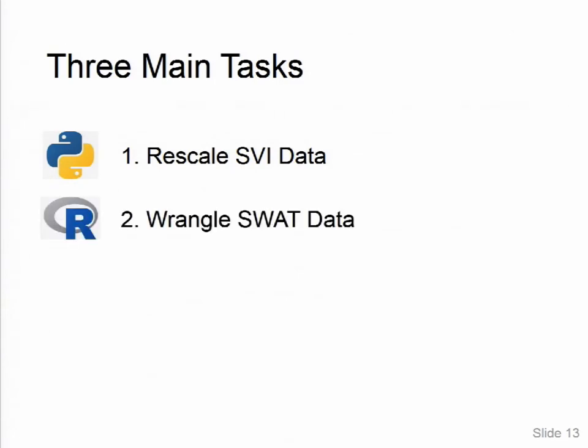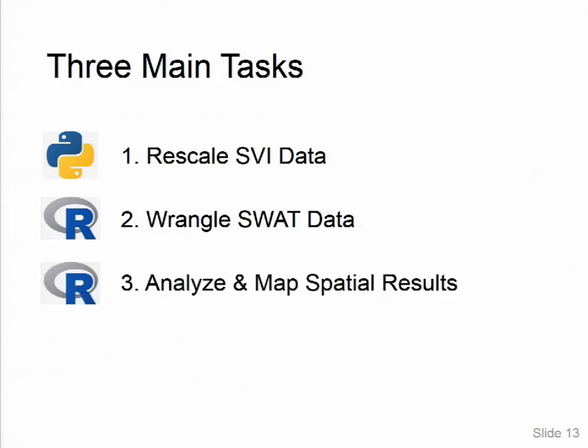I also had to wrangle some of the SWAT data. The model spits out these text files that have a sort of odd type of formatting because they're generated by Fortran. So I had to work on getting that data into a more usable form, and then to analyze and map some of the spatial results and to join the tabular data with the spatial data, I used R for that.